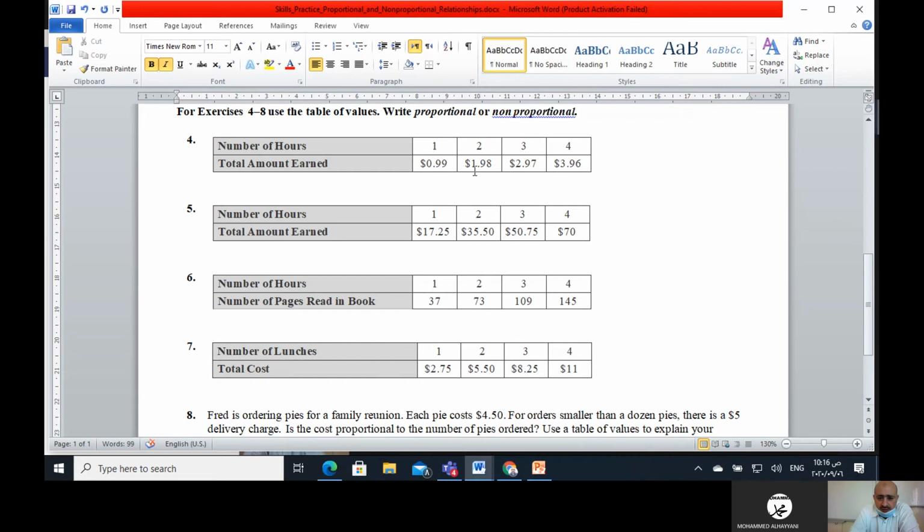I can choose 1 and 2 ratios from the table.